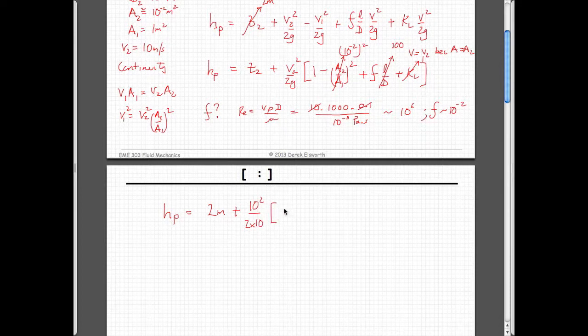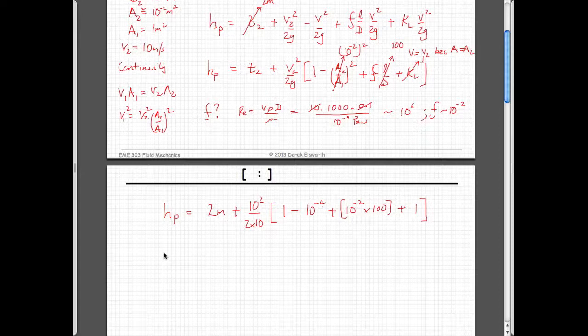Multiplied through by 1 minus 10 to the minus 4, a trivial number, plus 10 to the minus 2, which is this friction factor, times 100. Well, that's kind of convenient. I didn't quite plan that, but that's great. Plus 1.